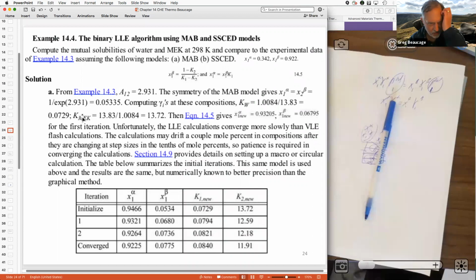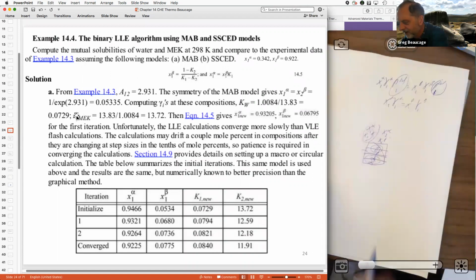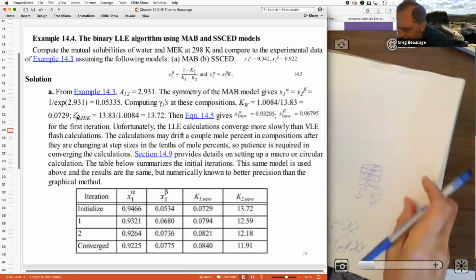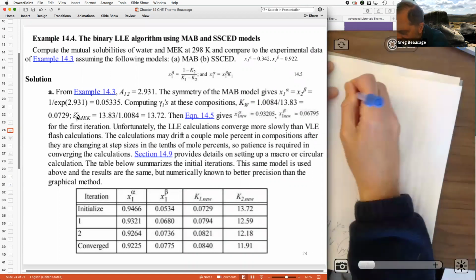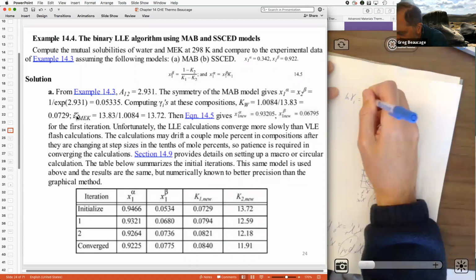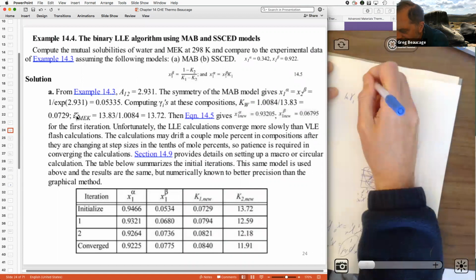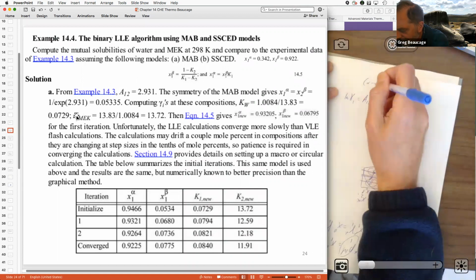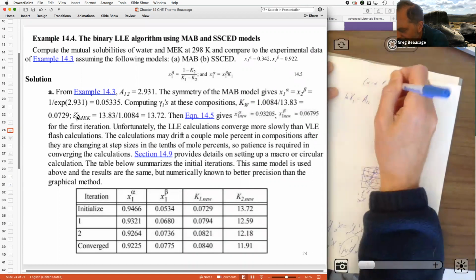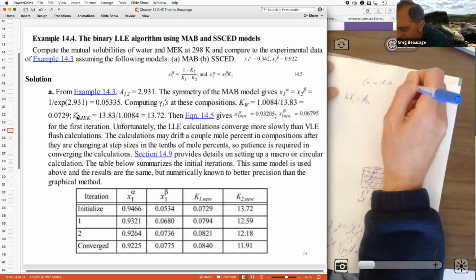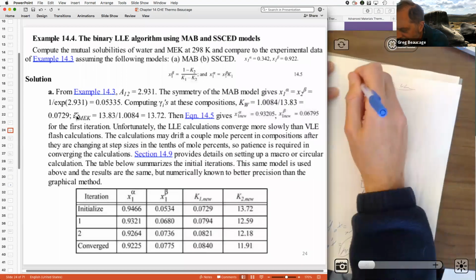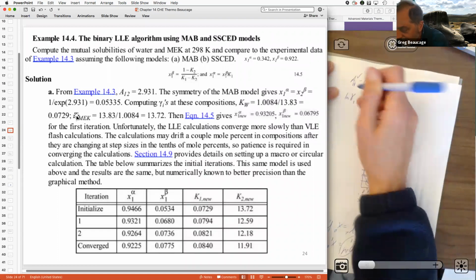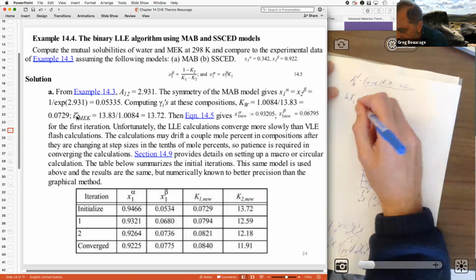So this exponential gamma thing, all right, so we have that ln of gamma 1 for Margules acid base, A12, that you got from this alpha minus alpha, beta minus beta, then the volume thing. So there's some kind of equation for MAB to get A12. So you have A12 from that equation, and then ln gamma 1 is going to be A12 x2 squared.